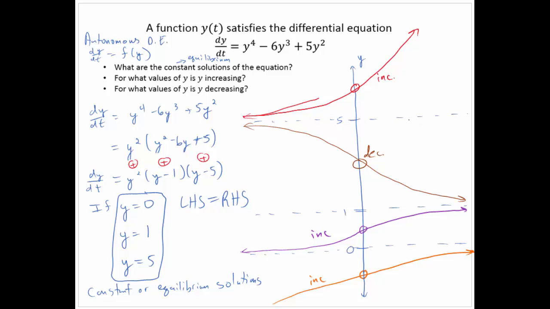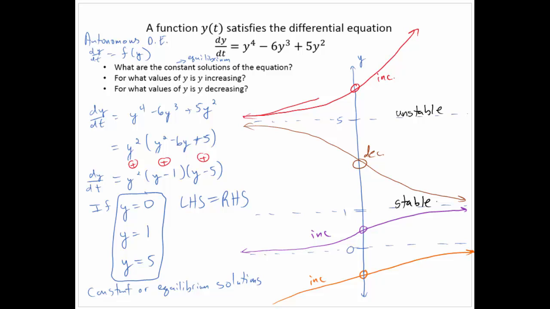And since they're both moving away, this is called an unstable equilibrium solution. Notice as we look from left to right, the solutions are moving towards y equals 1. And so this would be called a stable solution.